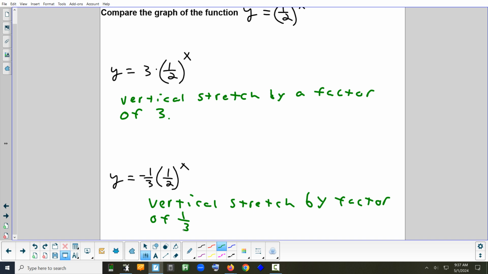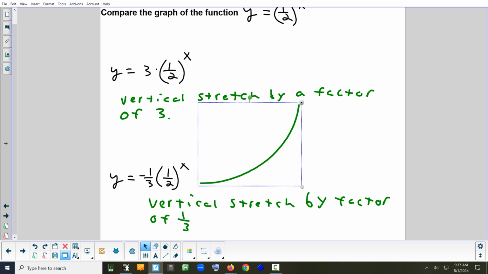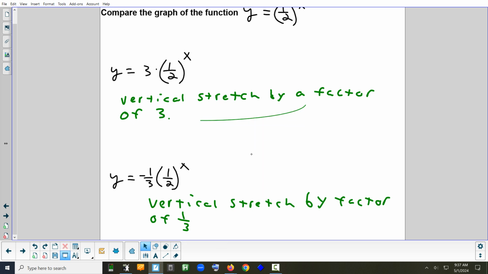Now, just to be clear what that's going to do: if that's your graph and you stretch it by 1/3, that really means you're going to make it 1/3 as tall. So you're really doing something like that, which makes it more gradual instead of steep. So that's stretching by a factor of 1/3.